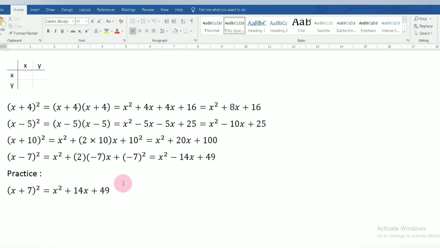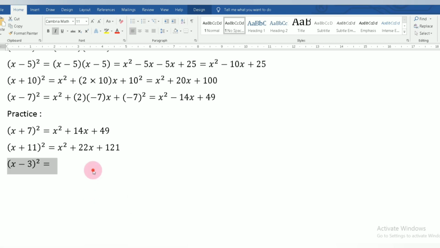I know you have already mastered it, but this skill is mandatory for you to master. (x plus 11) squared will be x squared plus 2 times 11 times x plus 11 squared, so it will be x squared plus 22x plus 121.